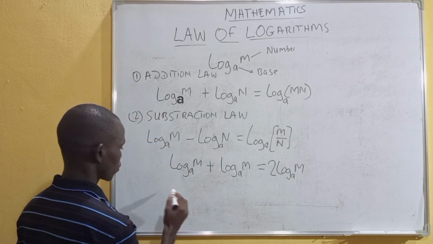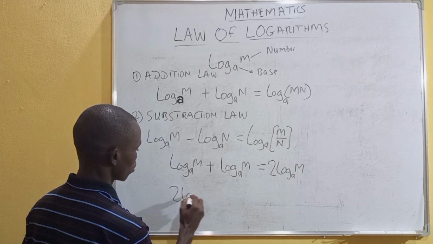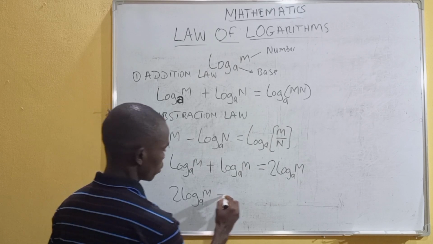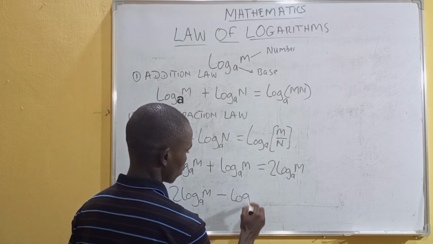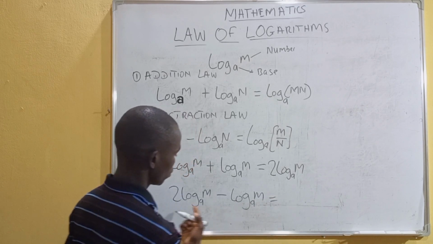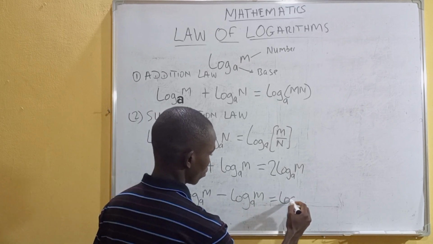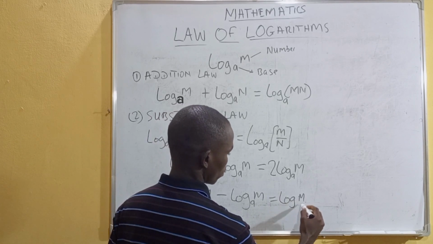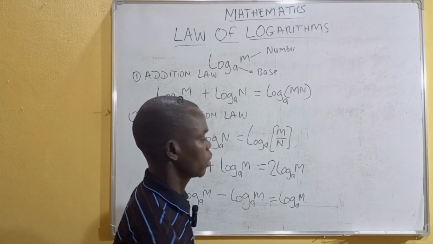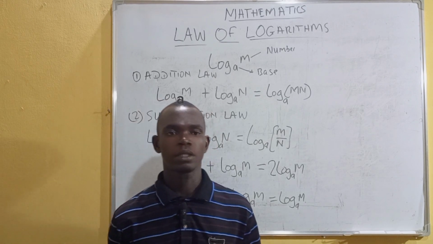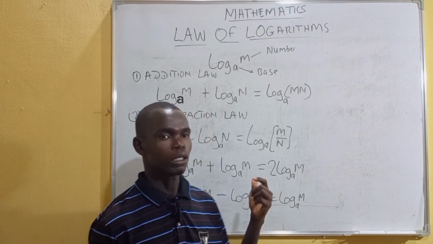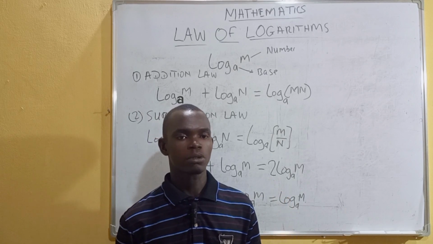And if we are to subtract, 2 log n with a base a minus log n with a base a, this will give you log n with a base a, because 2 minus 1 will give you 1 log n with a base a. This is another way of solving the addition and subtraction law.